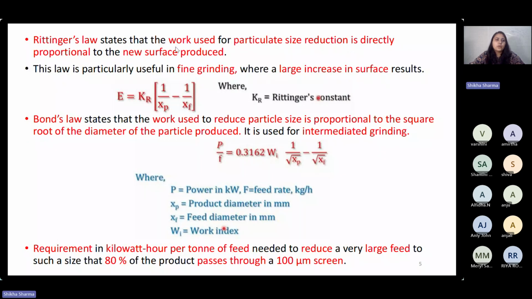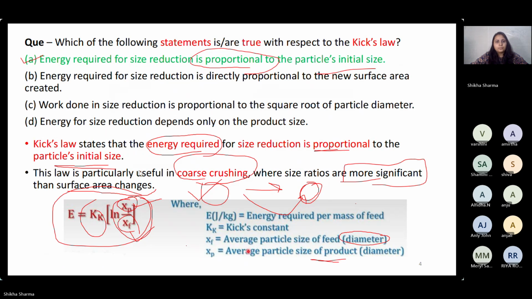The second law we talked about is Rittinger's law. Rittinger's law states that the work used for particulate size reduction is directly proportional to the new surface produced. This law is used for fine grinding of particles where there is a large increase in surface.